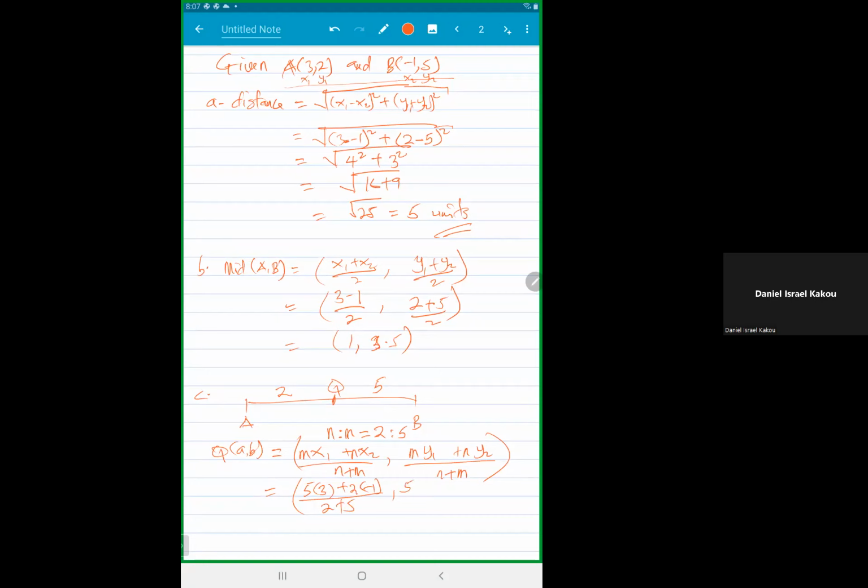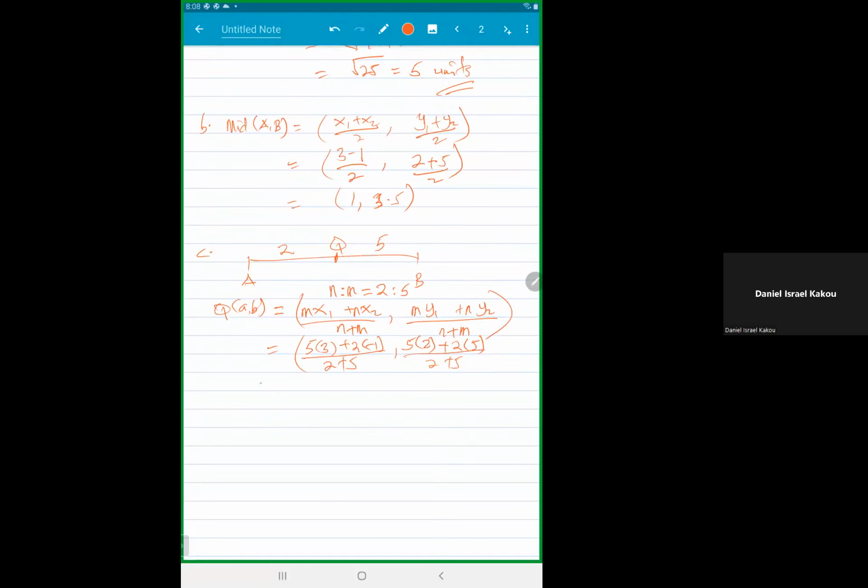And M is 5, Y1 is 2 plus N is 2, Y2 is 5 divided by 2 plus 5. So the rest is just evaluation. So we have 15 minus 2 over 7 and then 10 over 7. Eventually we have 13 over 7 and 20 over 7 as our internal division point, right?